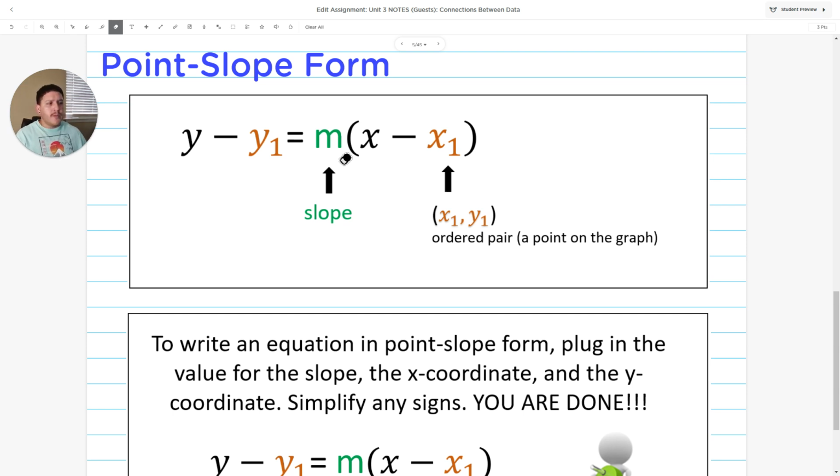Now, there are other forms like standard form, like slope-intercept form, where they simplify the problem into a different look, and they each have their own uses. This point-slope form has the use of easily identifying the slope and one of the points on the line.